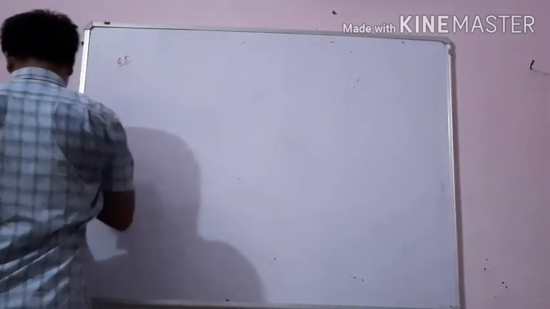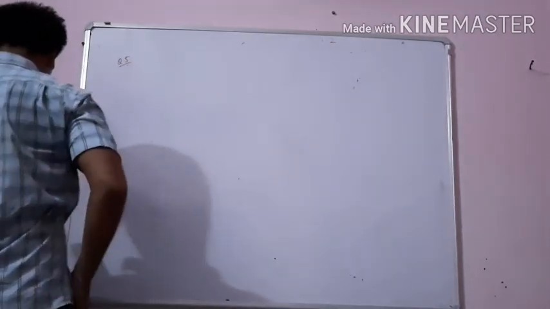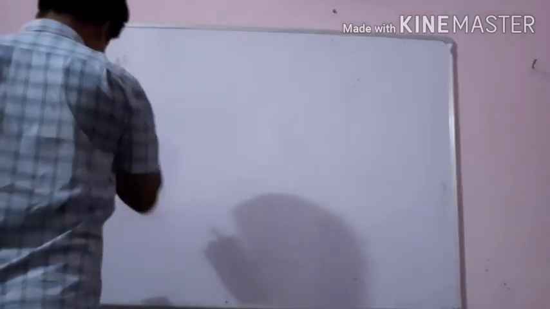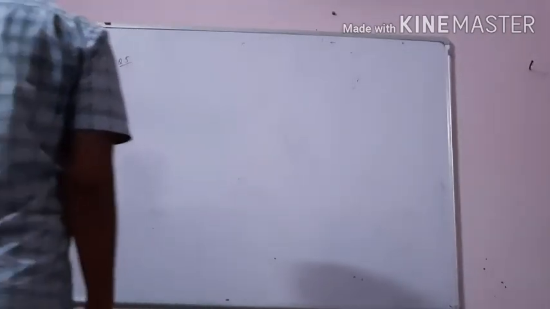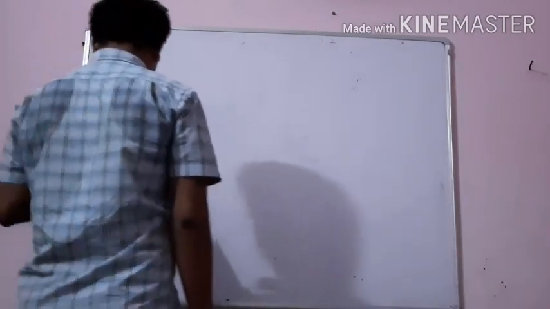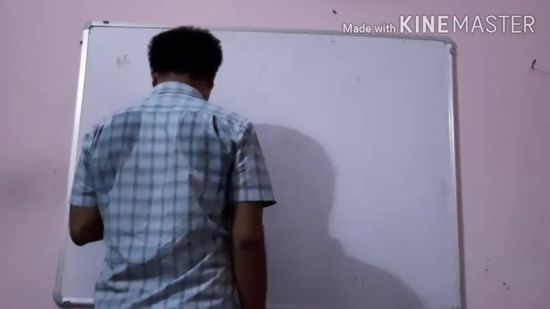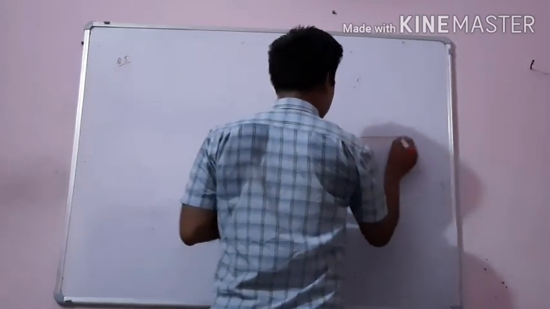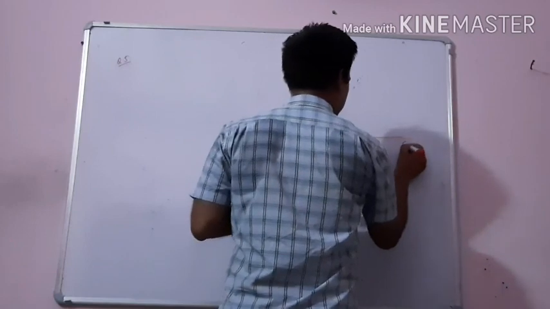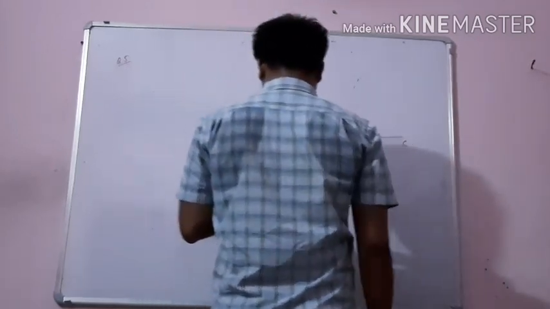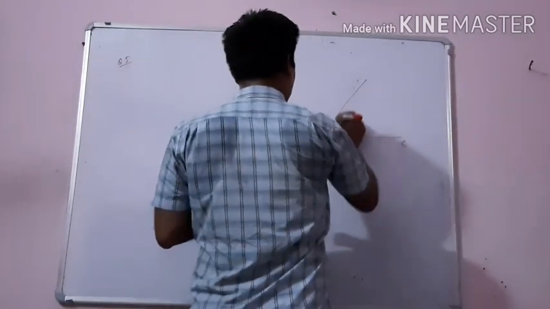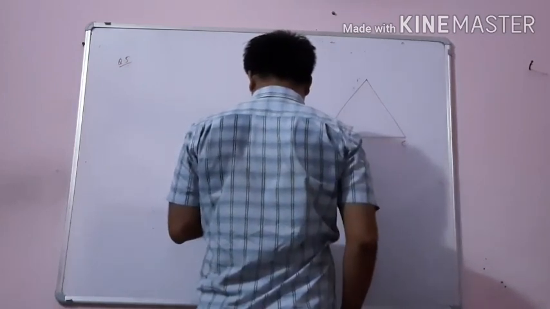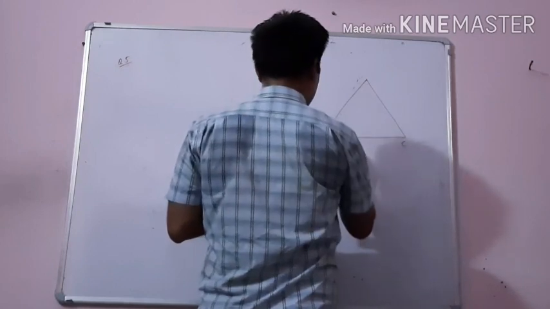When you see question number 5, what information has been given? Question number 5: triangle ABC and DBC are isosceles triangles on the same base. So this is the figure, base BC, and triangle ABC and another triangle DBC.